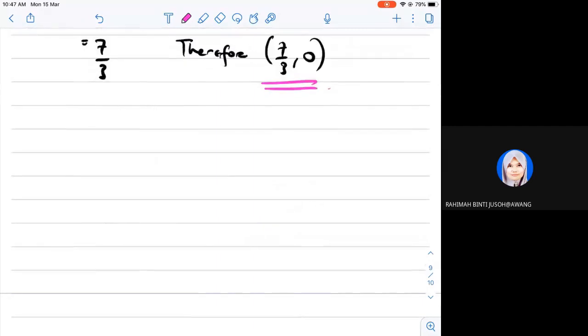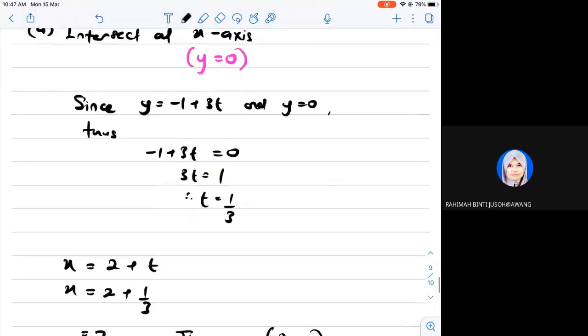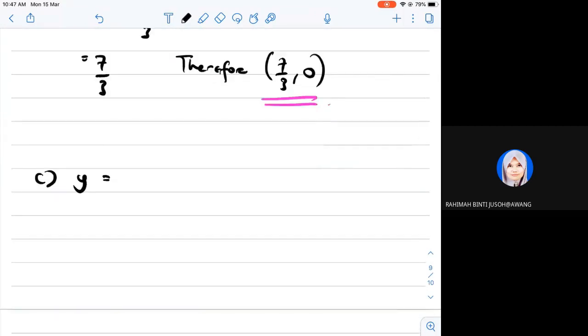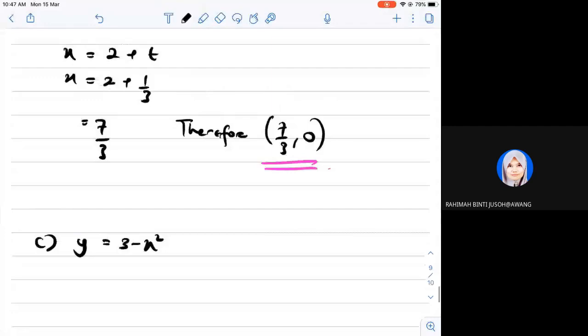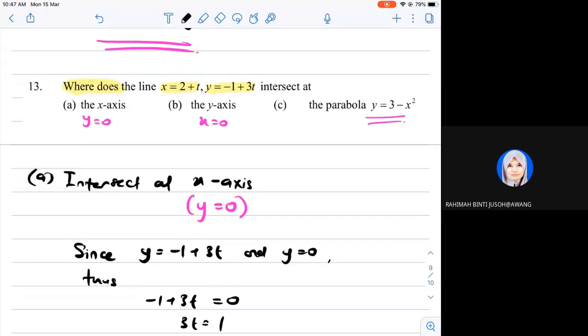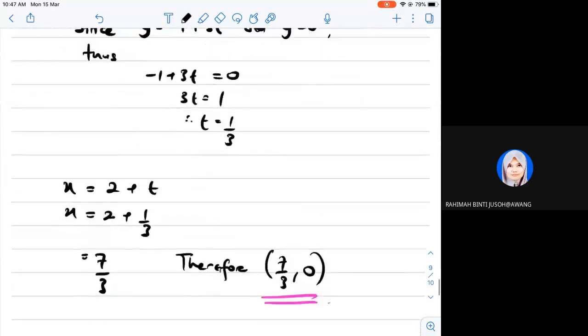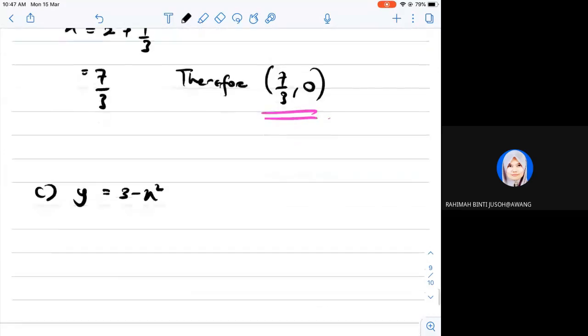So question C, y equals to what? 3 minus x squared. So you have to substitute the equations x equals 2 plus t and y equals negative 1 plus 3t into this equation.